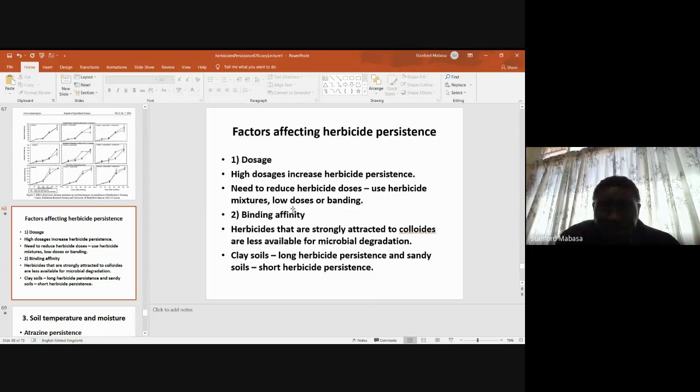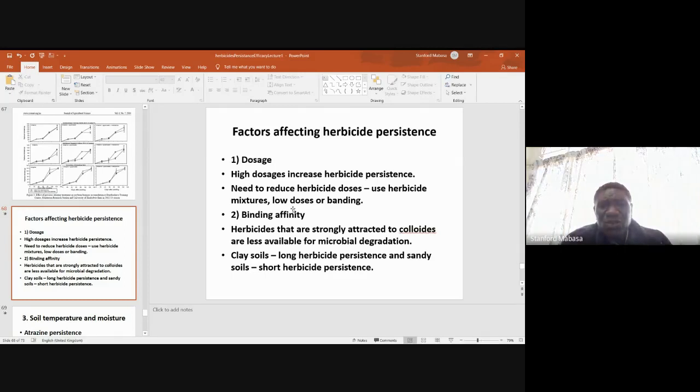So what are the factors which affect herbicide persistence? First, it's the amount which you use when spraying. If high dosages are used, this can increase persistence. So there may be a need to reduce herbicide doses.